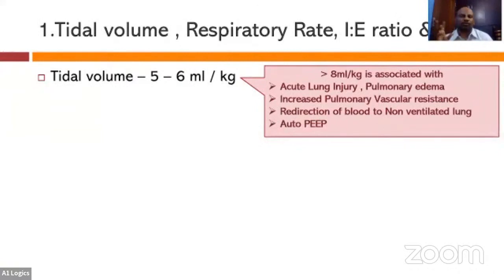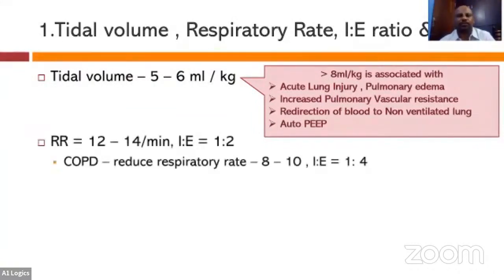I already told you, pulmonary edema zone 4 will increase, and in the postoperative period, ALI will set in. Increased pulmonary vascular resistance in the ventilated lung will push the blood into the non-ventilated lung, and auto-PEEP can occur. So you must always ventilate with only 5 to 6 ml per kg.